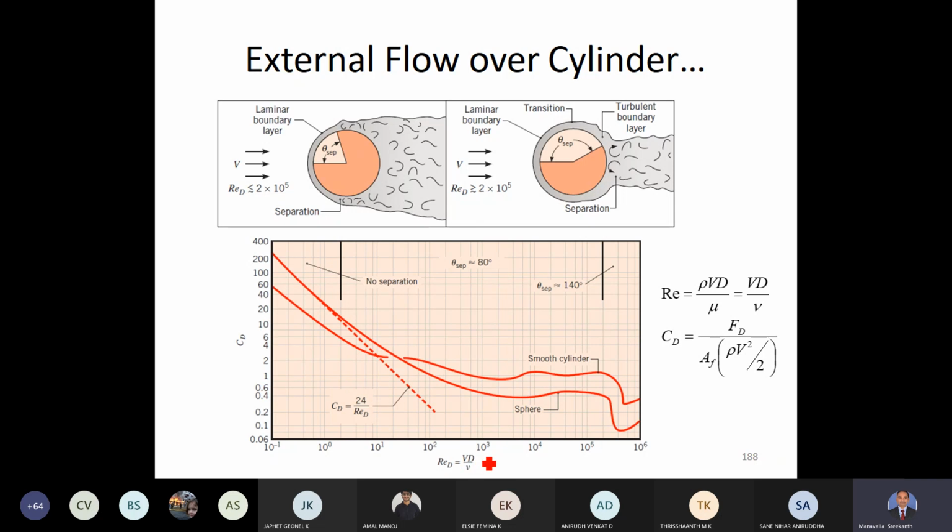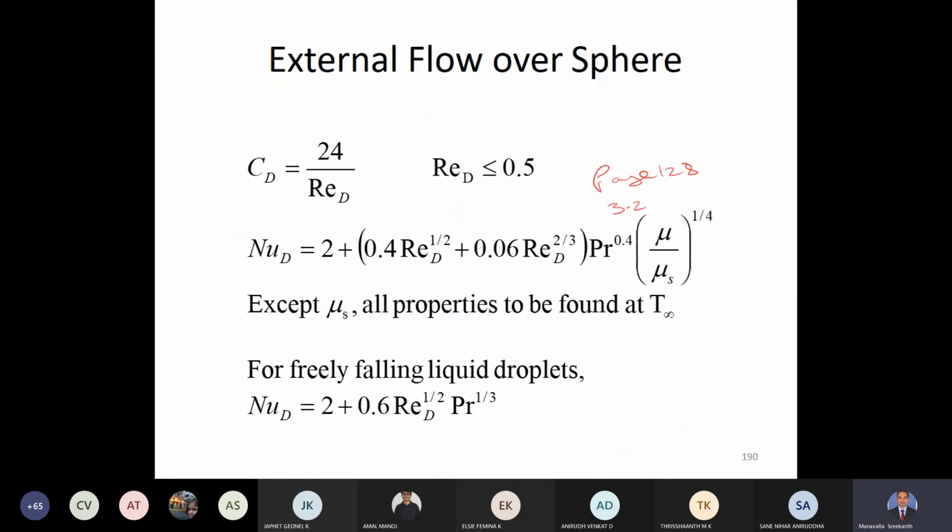So this is somewhere in between. For the cylinder, we'll have to read it somewhere here. So it's slightly greater than 1.06. Our drag coefficient is 1.06.